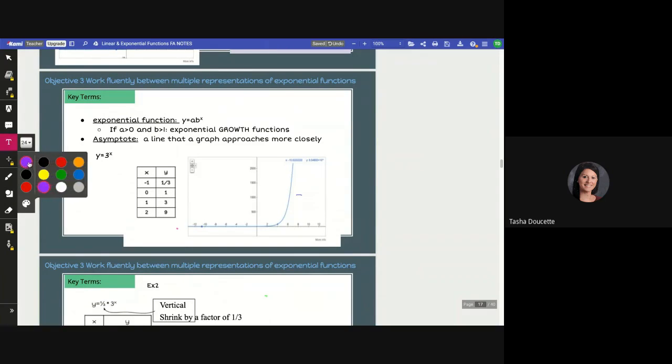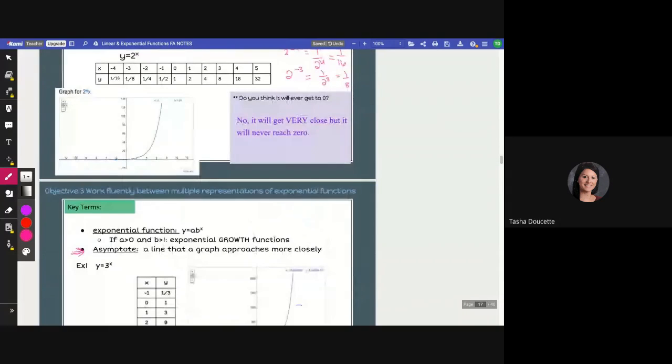I'm going to skip the first exponential function definition right now, and I'm going to look at asymptote. Okay. Yes, it's a funny word. So what that really means is it's a line that a graph approaches more closely, but it's never actually going to touch. So here, when we said, will it ever get to 0?